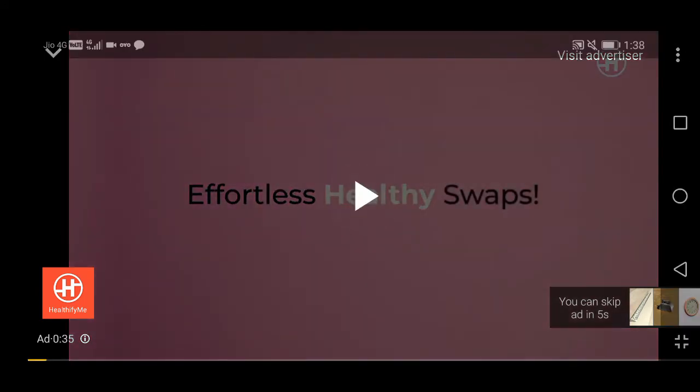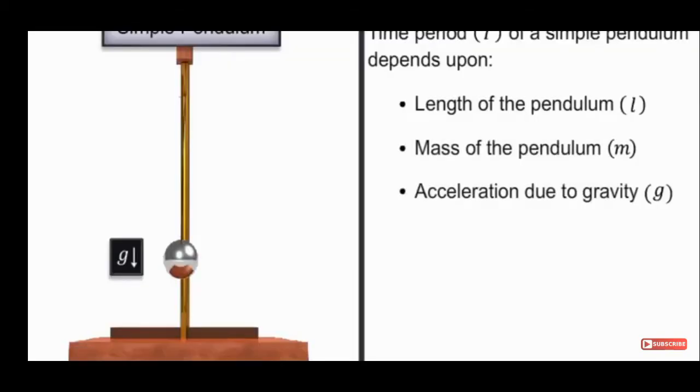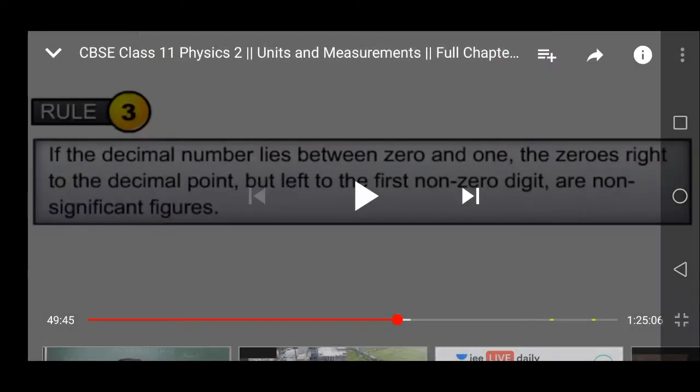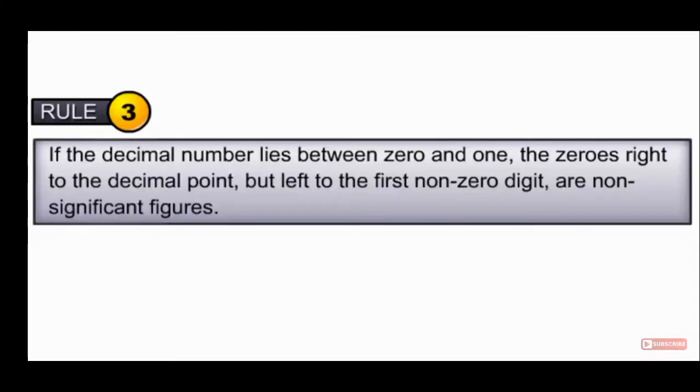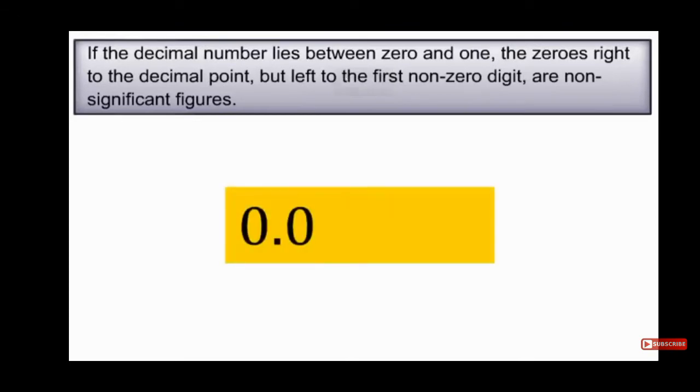The third rule says that the zeros to the right of the decimal point, but left to the first non-zero digit are non-significant figures. Consider any number. Say 0.006452.